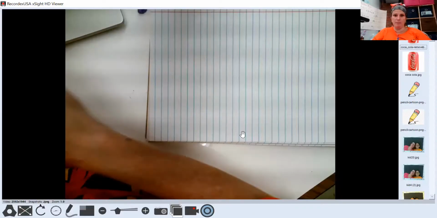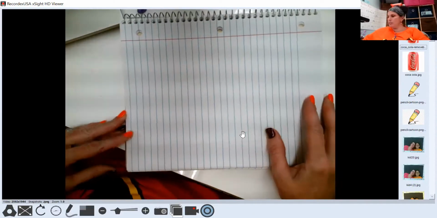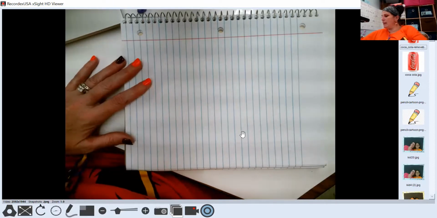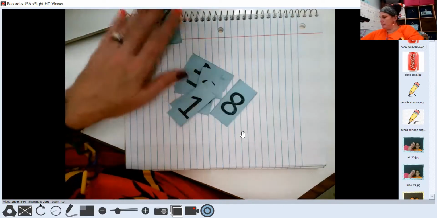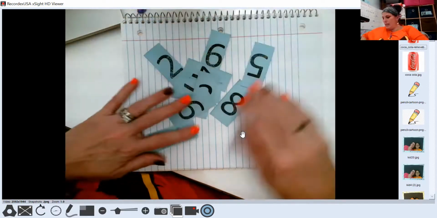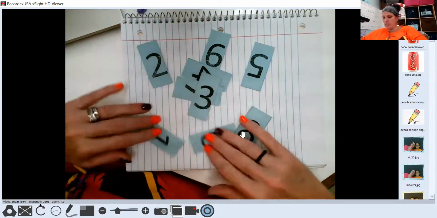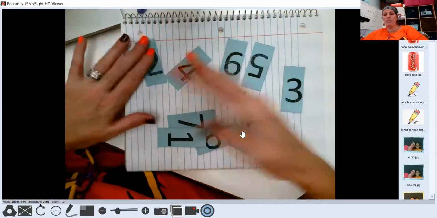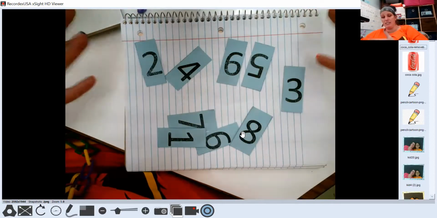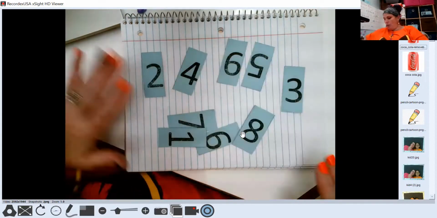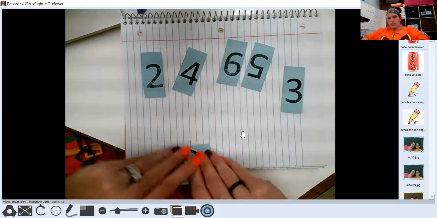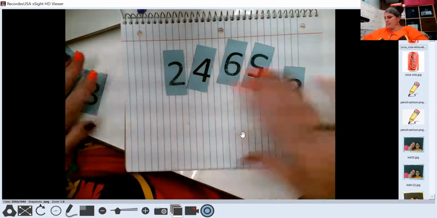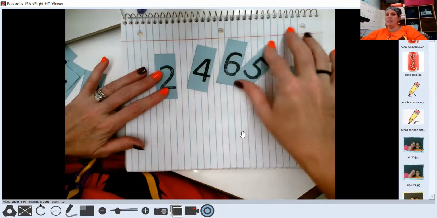All right, so we have a certain set of digits, and we used these digits to create greatest or least numbers. It just depends on whatever the direction was. So for our purposes, I'm going to get rid of these for just a moment, and I want to take these digits and create the greatest number that I can.